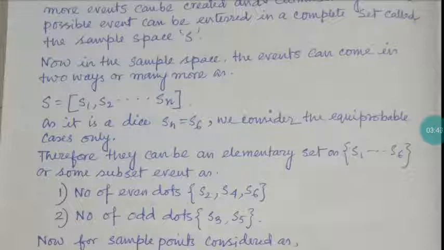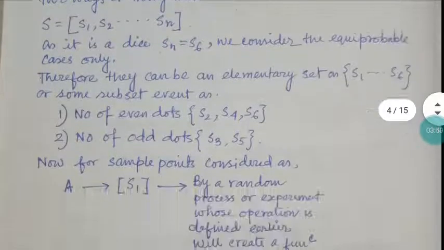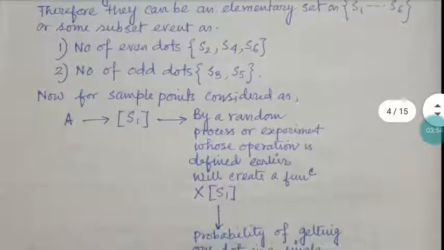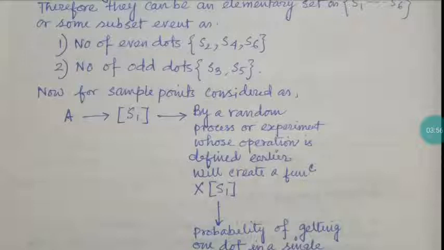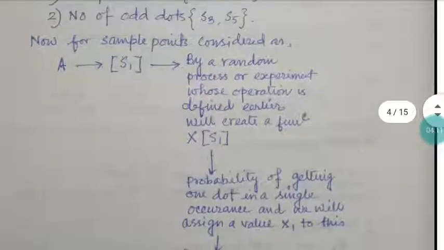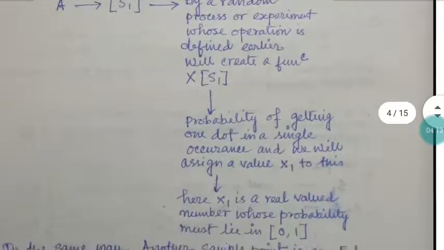Now the sample points can be considered as, say, suppose A is S1. So by a random process of the experiment, whose operation is defined under a particular governing rule, we will create a function X of S1. Now, in the second flowchart, I have represented the entire thing in a type of flowchart.